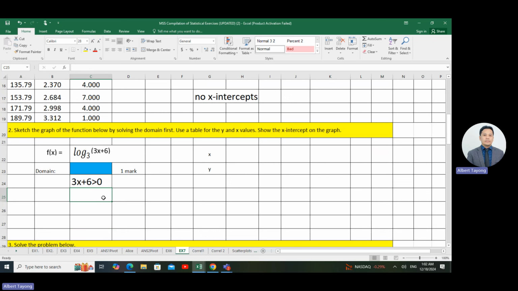So we transfer 6 to the other side, becomes negative 6. We divide both sides by 3. So this will be cancelled, x is greater than negative 6 over 3. So the answer is negative 2. So x is greater than negative 2.